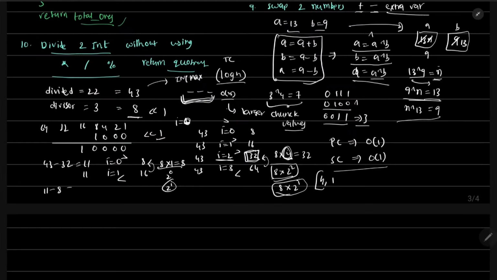I eliminate the larger chunk values. I'm eliminating 8 now, instead of 32 previously. What happens? 3. Now compare 3 and 8. When i equal to 0, you see 3 is a lesser value than 8. So this is the final remainder.